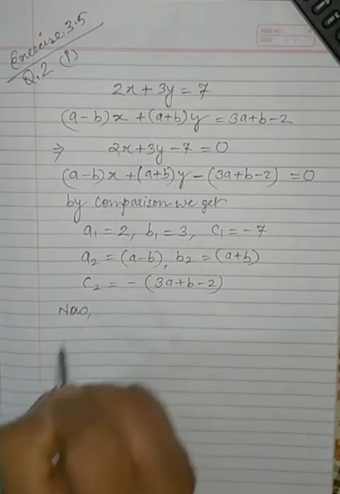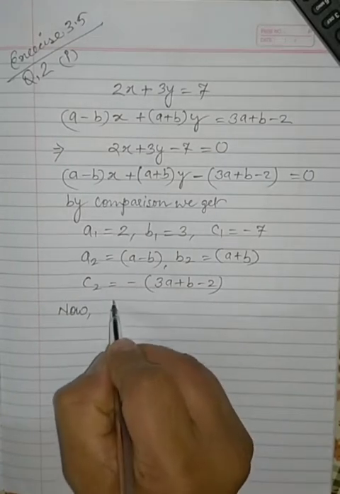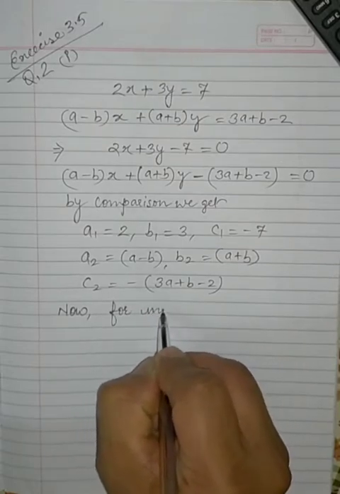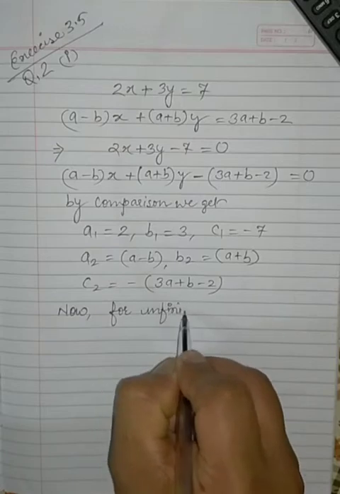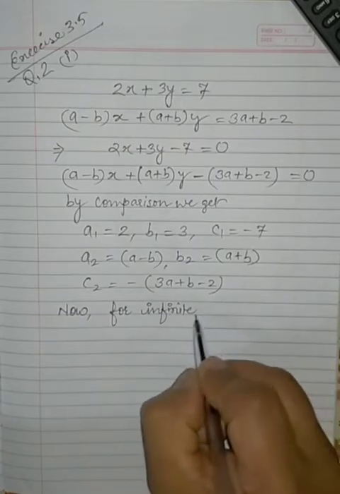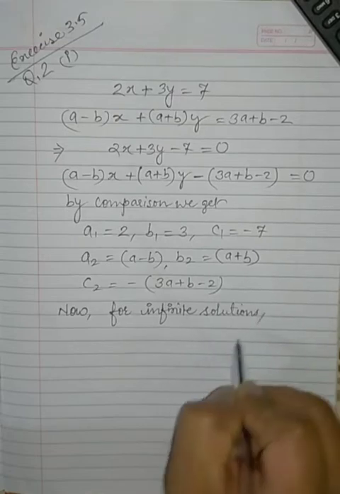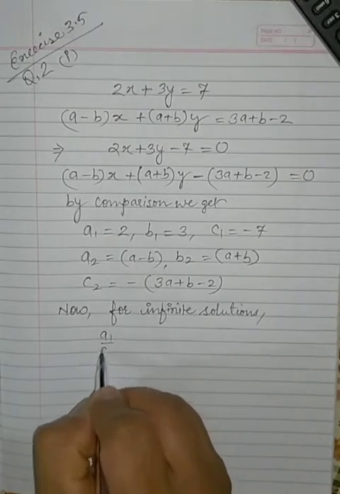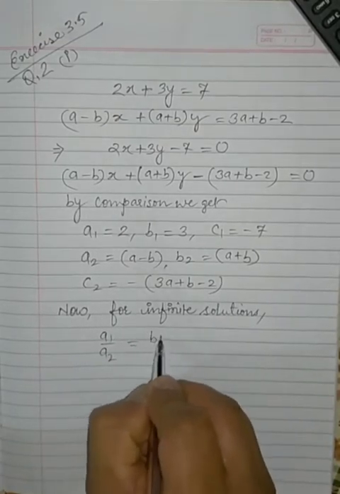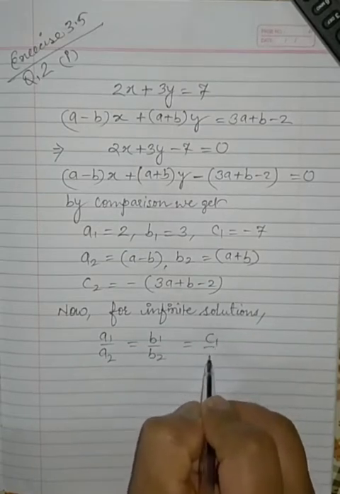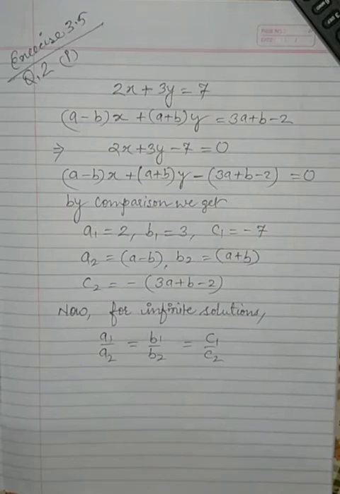Now, since the condition we are given is that we have infinite number of solutions, so for infinite solutions, the condition we have is a1 upon a2 is equal to b1 upon b2 is equal to c1 upon c2. This is the condition.